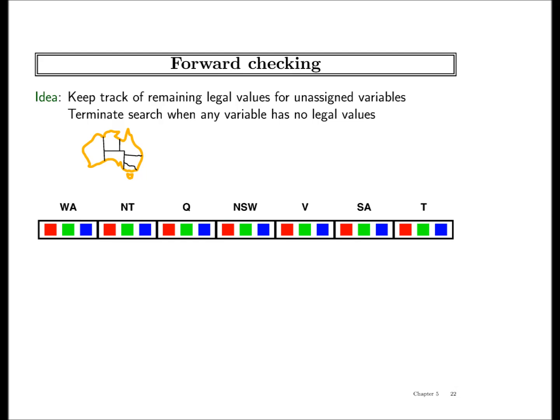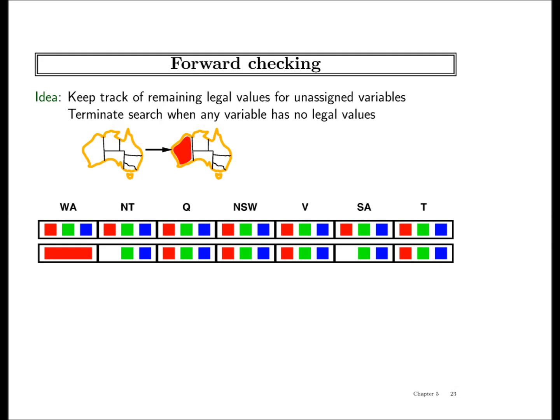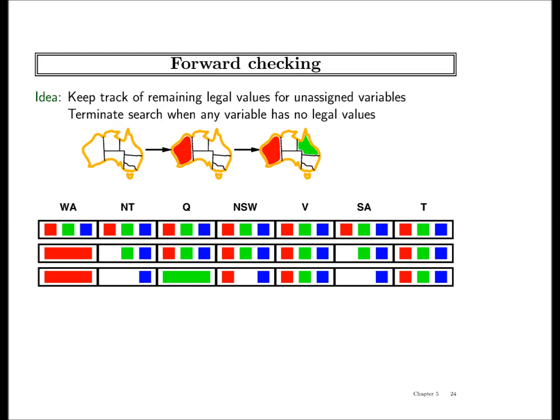So, if we assigned Western Australia red, then we propagate this information and we know that now Northern Territory cannot be assigned red, Southern Australia cannot be assigned red. Now, by assigning Queensland green, we know that Northern Territory cannot be assigned green, New South Wales cannot be assigned green, and Southern Australia cannot be assigned green.